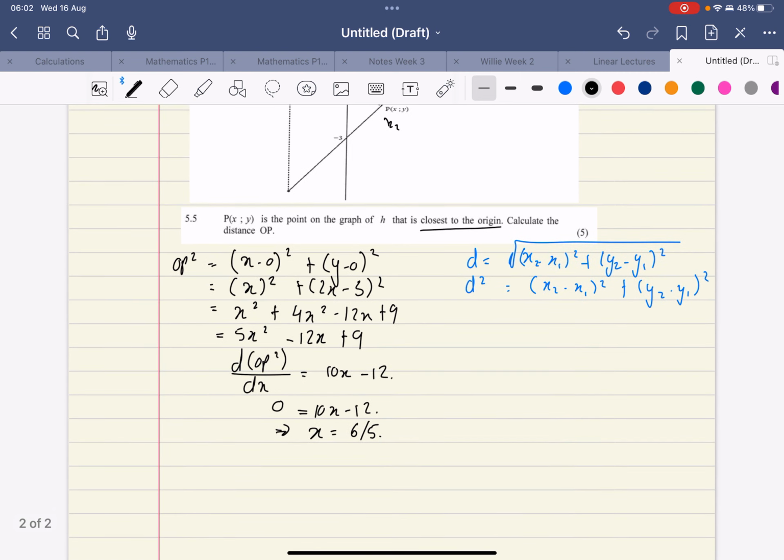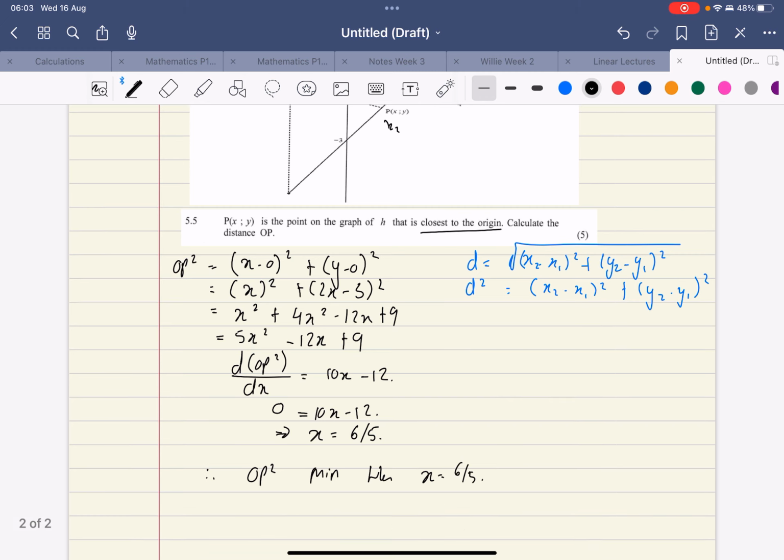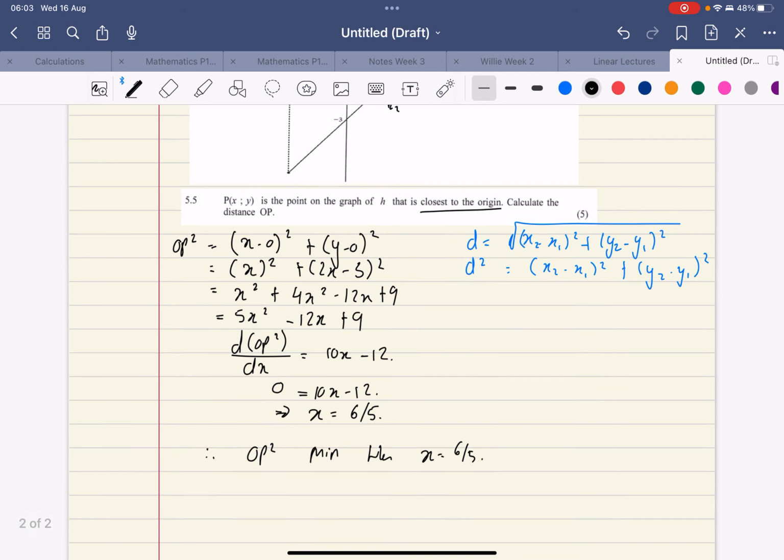So we can sub back in. That means, therefore, OP squared is minimized when x is equal to 6 over 5. Okay, so the minimum value of OP squared is then 5 times (6 over 5) squared minus 12 times 6 over 5 plus 9, and that gives us 9 over 5.